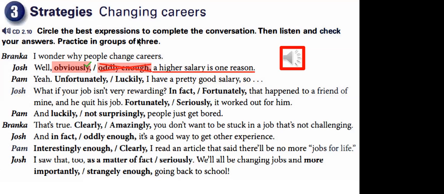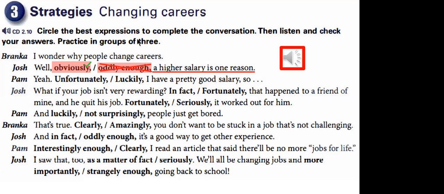So, what if your job isn't very rewarding? In fact, that's correct. In fact, I underline "in fact." In fact, that happened to a friend of mine, and he quit his job. Fortunately, it worked out for him.